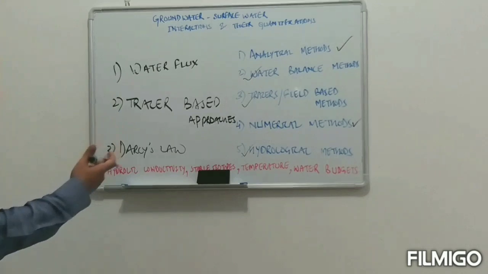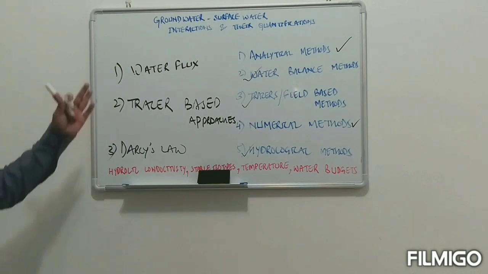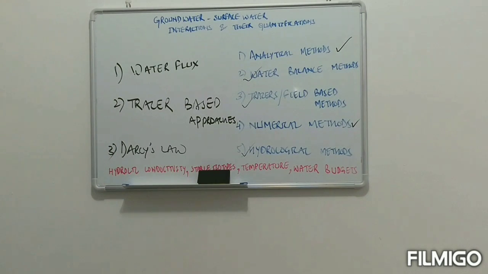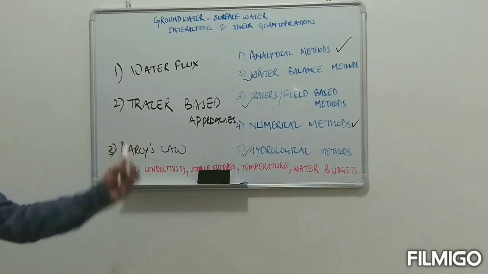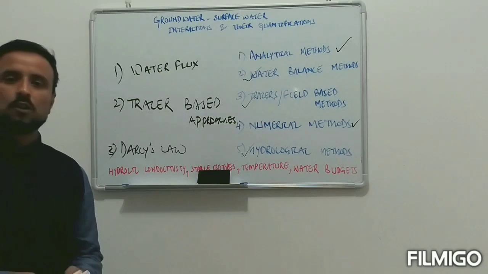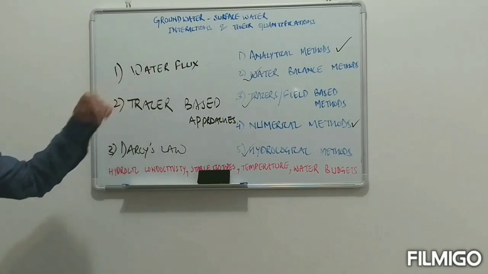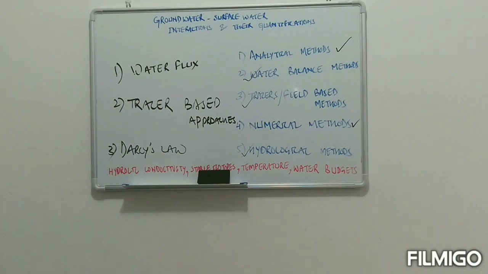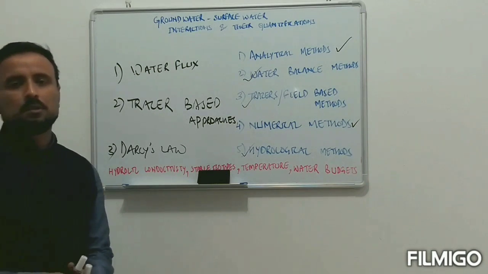So basically these 3-4 properties of the water, and the approaches based on them, are there by which these kinds of quantifications of surface water and groundwater can be done: water flux, tracer based methods, and some methods based upon Darcy's law. One by one we will discuss them all.